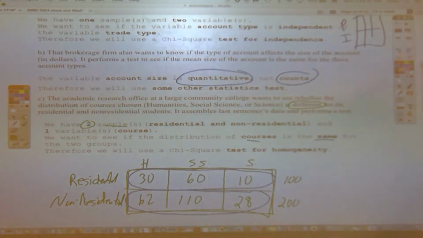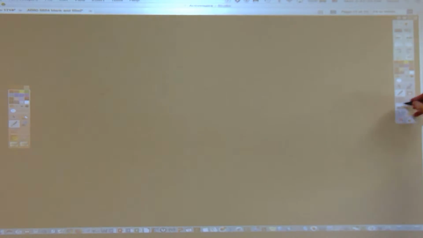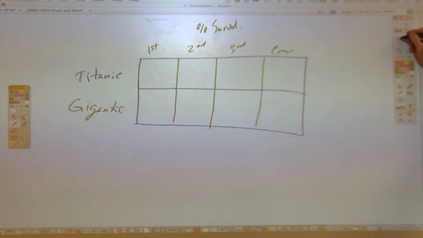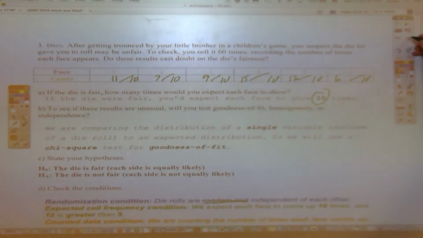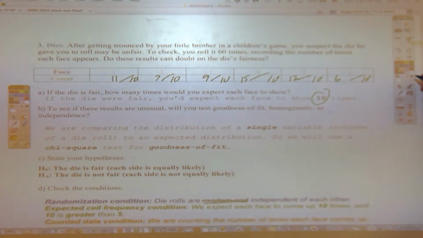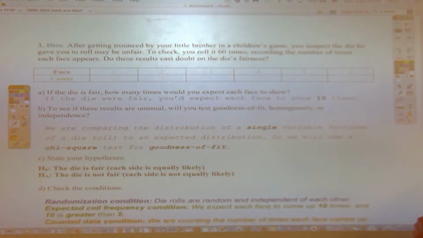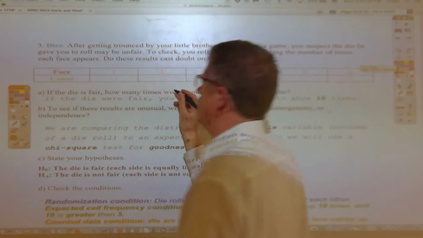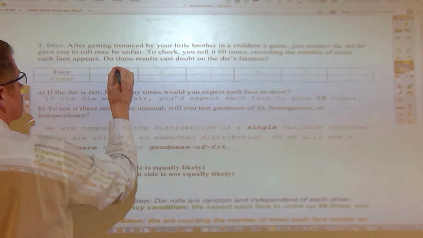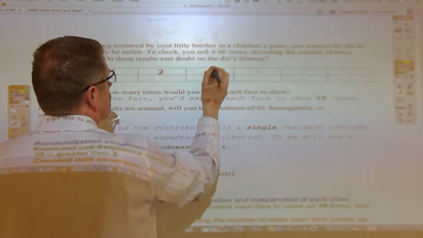Now let's take a look at what the conditions are for a chi-squared test for goodness of fit. That's what problem 3 is all about. In problem 3, after getting trounced by your little brother in a children's game, you suspect that the die he gave you to roll may be unfair. It certainly can't be that your brother is better than you in this game.